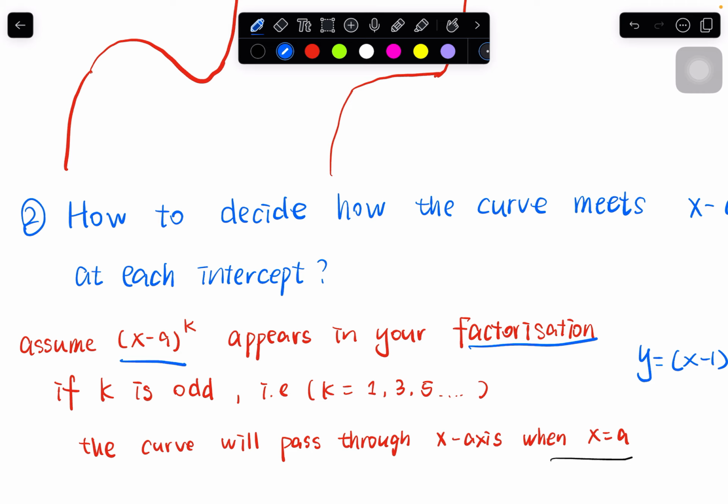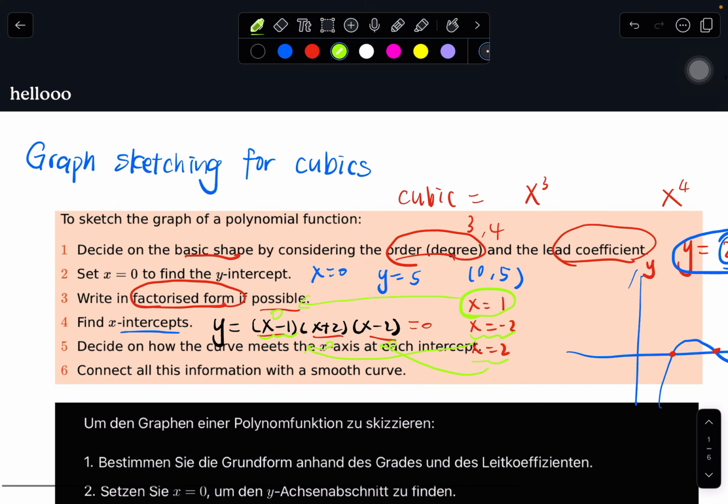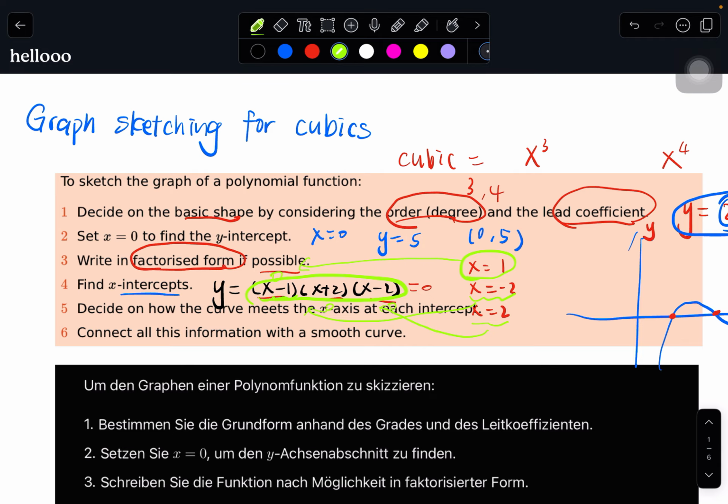So why is there a k? As you can see, when I write this, there isn't a k, right? But actually there is a k. It's because these 3 brackets have the power of 1. We usually ignore the power of 1. So for these 3, k equals 1.